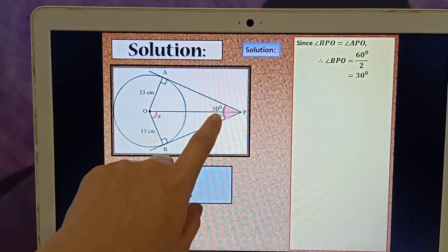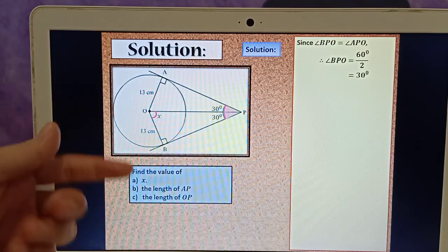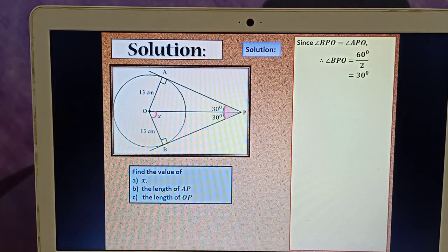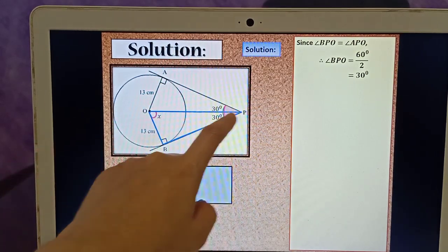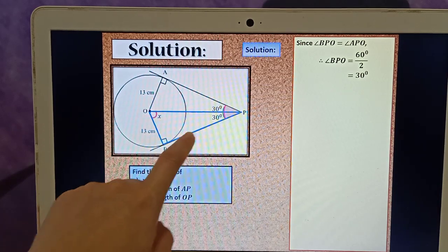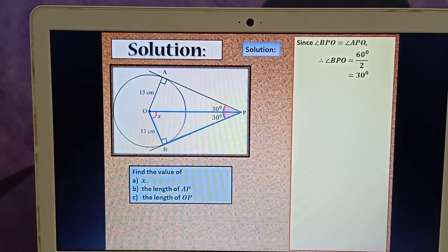So the 60 degrees just now is already split into two 30 degrees. Now it's very easy for you to find x. As you can see here, this is a right angle triangle and the sum of the angles of the triangle will be 180. So to get x, you use 180 minus 90 minus 30. We will get 60 degrees for your x. Next, how are we going to find the length of AP?